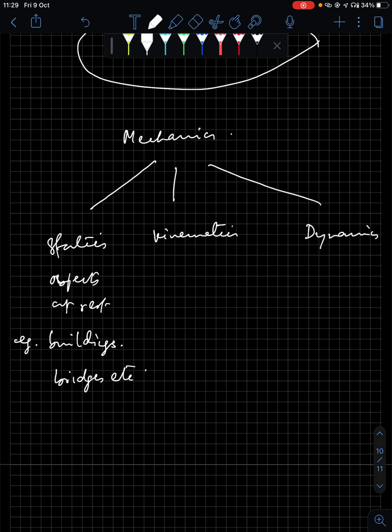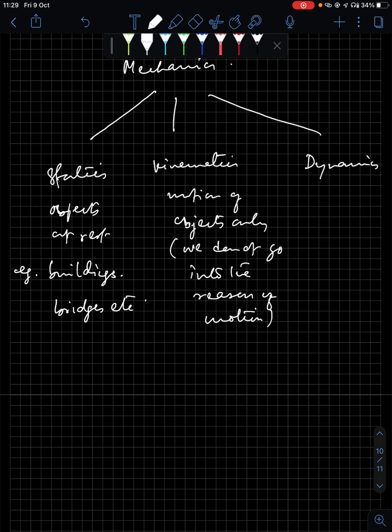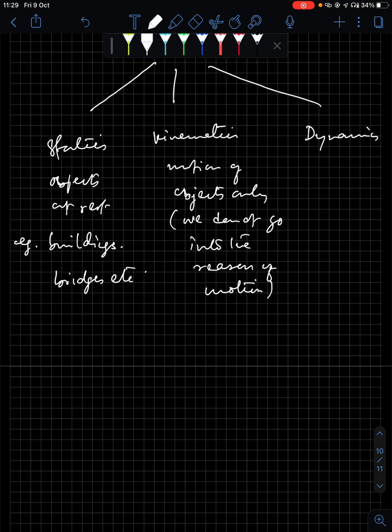Next you have kinematics. In kinematics you study about the motion of objects only, and you don't focus on the cause of motion. We do not go into the reason of motion, which we look into in dynamics. Here only the properties of motion are considered in kinematics.